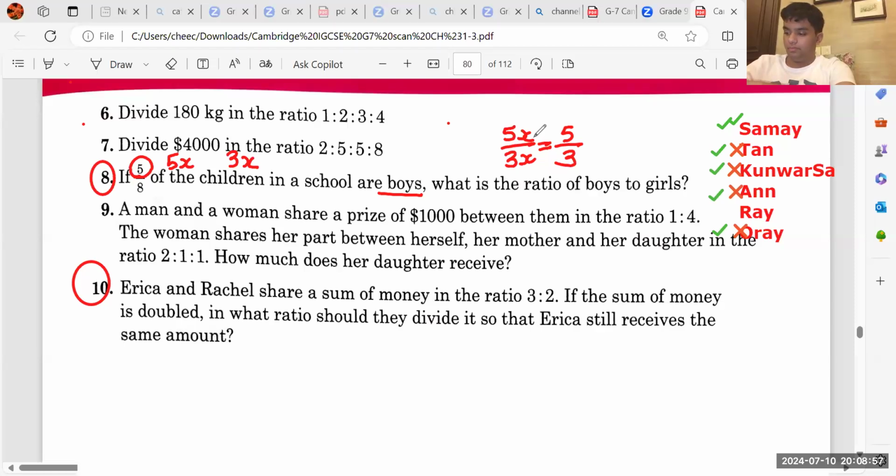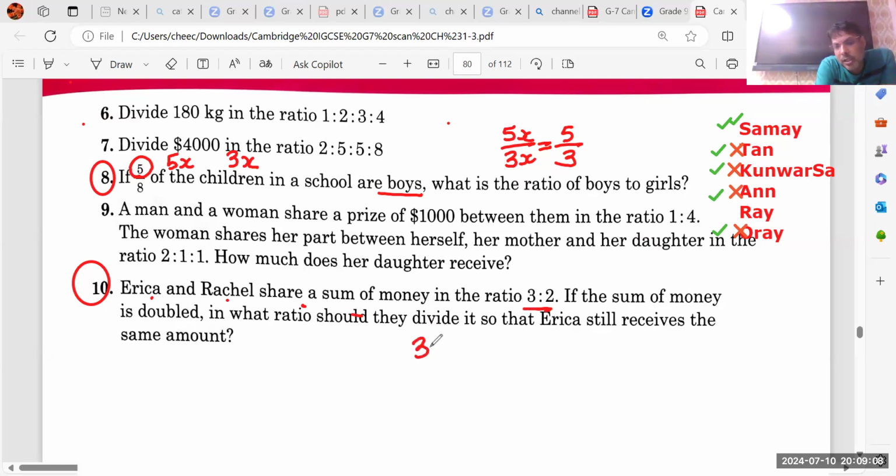Yes, sir. Now next, Erica and Rachel share a sum of money in the ratio 3 is to 2. If the sum of money is doubled, so see, initially it is 3x and 2x, correct? So let's say 3x plus 2x equal to y, where y is the actual sum of money. Then we double it.